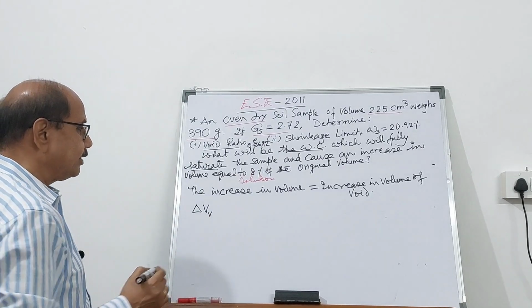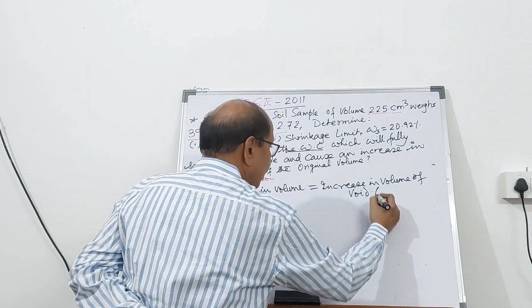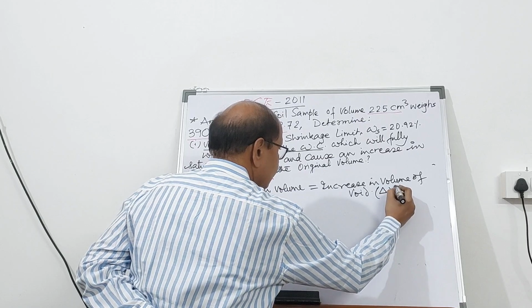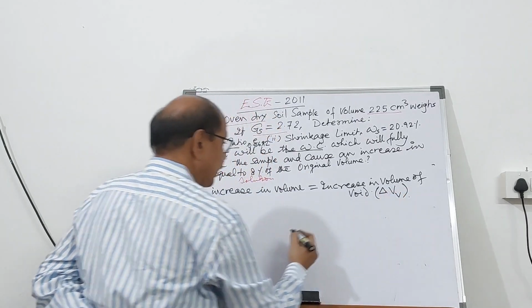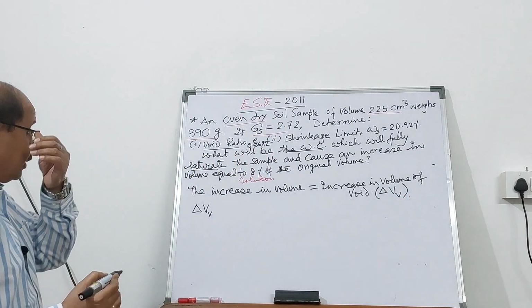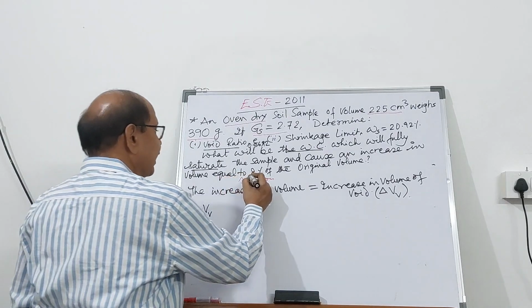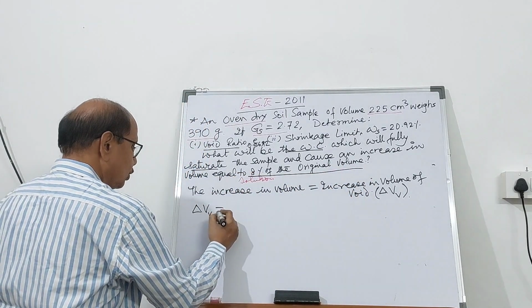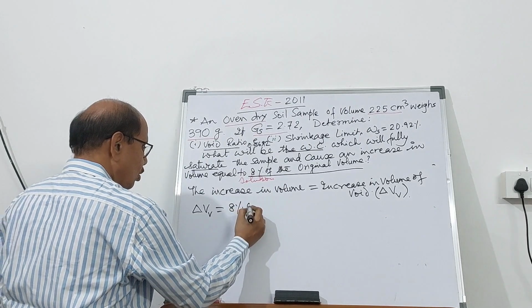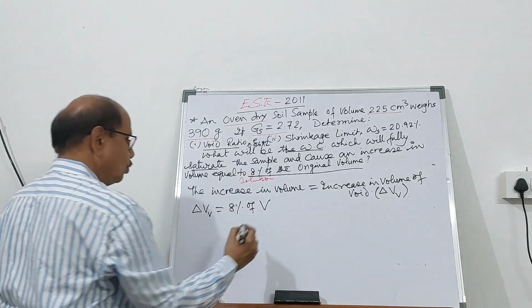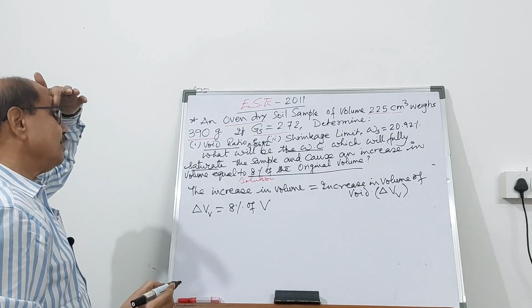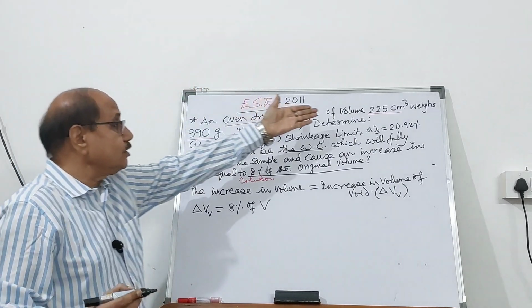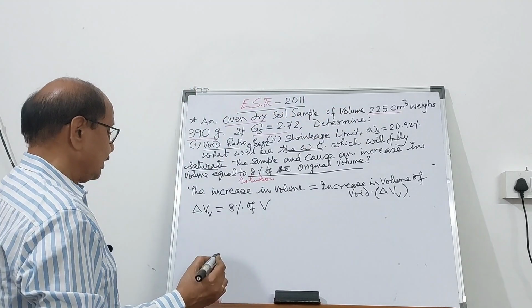Let the increase in volume of the void be delta V, which is given to you as 8% of the original volume. So it is going to be 8% of the original volume, which is given in the problem here as 225 cc.